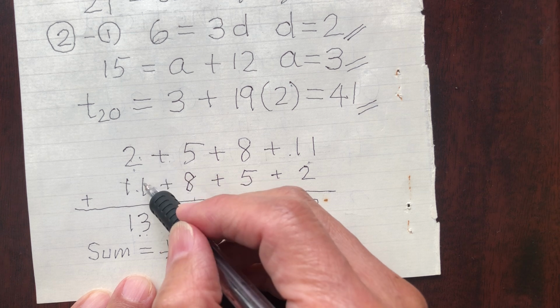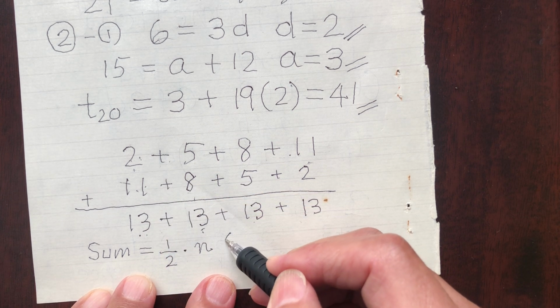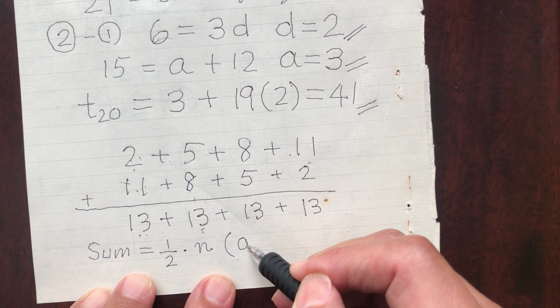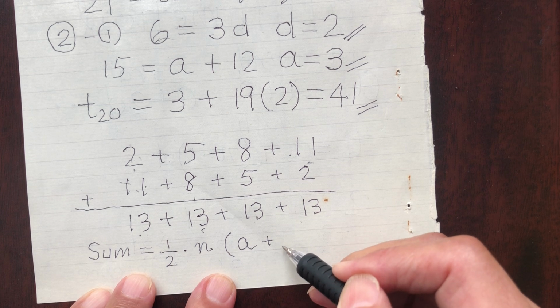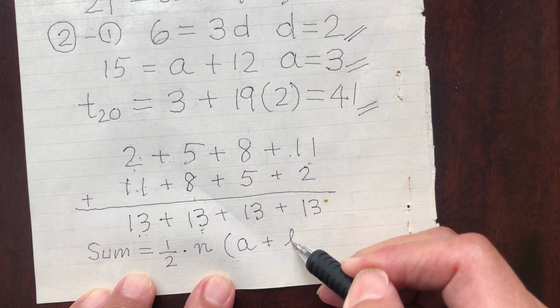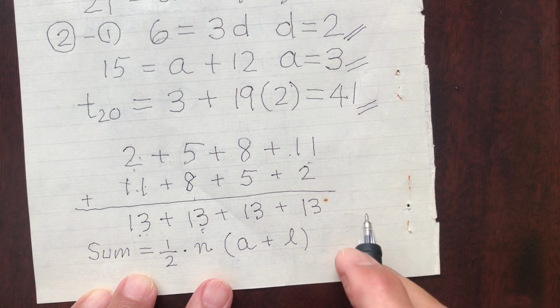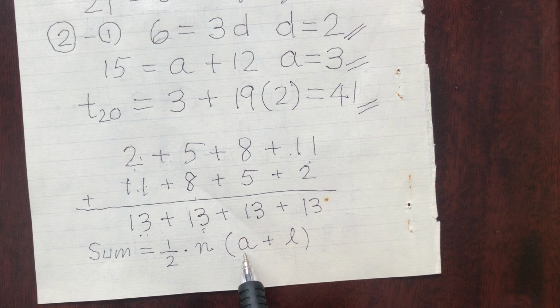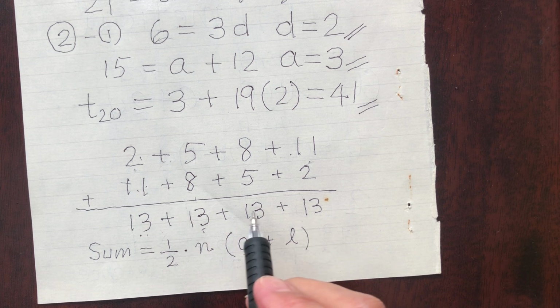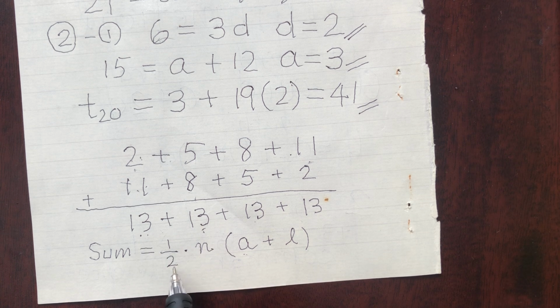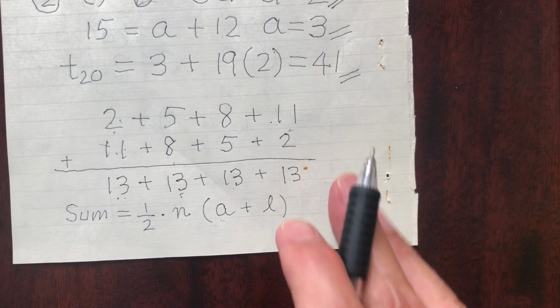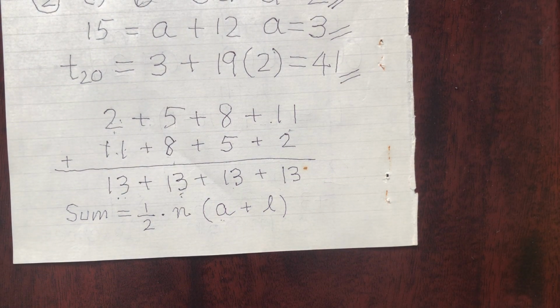It's first term plus last term. So it is A plus L, the last term we use L to represent. The first term plus the last term, multiply how many terms there are, divide by 2, that's the sum. So this is the formula. Sum is 1/2 number of terms times first term plus last term.